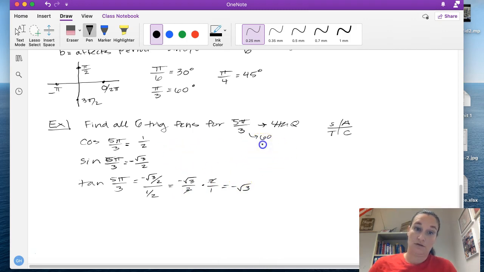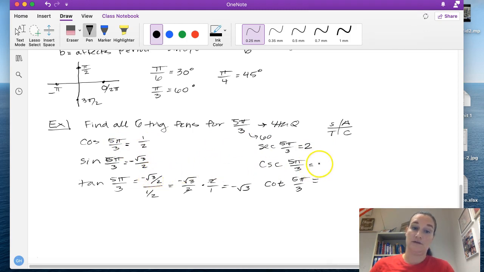Then we do the little 3, the other ones that nobody likes. They're the ugly stepchild of the main 3 trig functions: secant, cosecant, and cotangent. They're just the reciprocals, and you have to know which one goes with which. The s's go with the c's, so secant goes with cosine. You flip 1/2, you get 2.